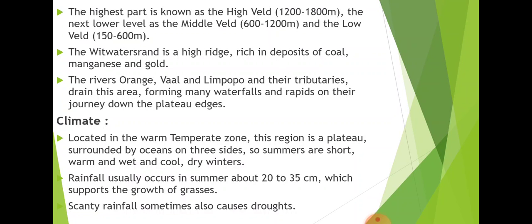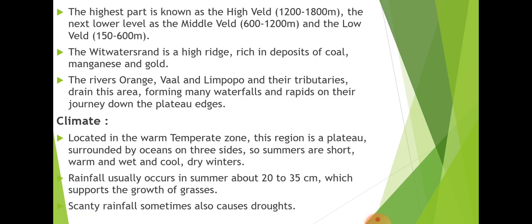Rainfall usually occurs in summer, and it's about 20 to 35 centimeters, which means it is very little rainfall, which supports the growth of grasses only. And sometimes it also causes drought, when there is no rainfall at all.